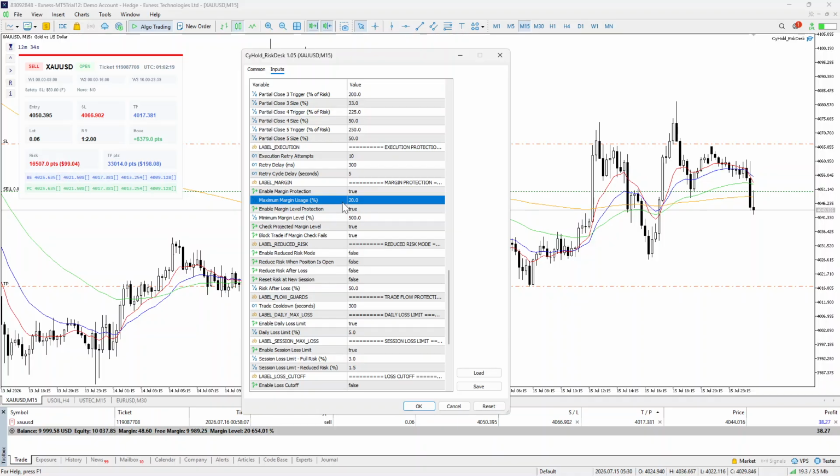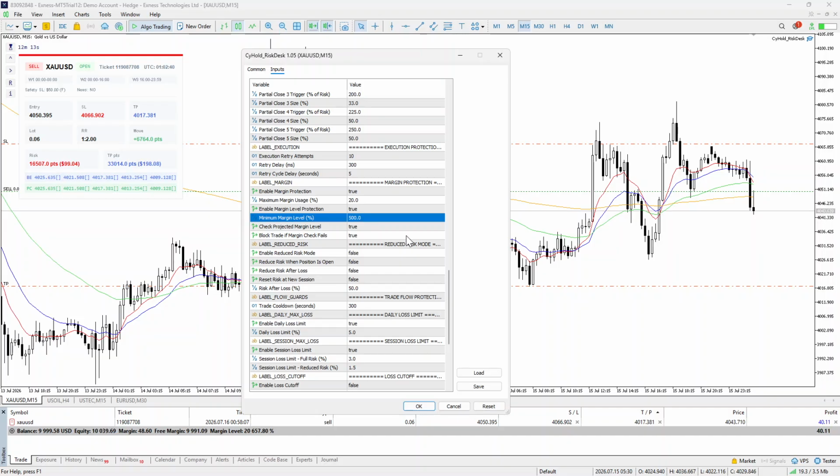Also, if you have more than one position opened, the margin level is here, like now it's 20,000. But you can set up here the minimum margin level. You can put, for example, 1,000. And when it goes to open a position, it sees the margin level.